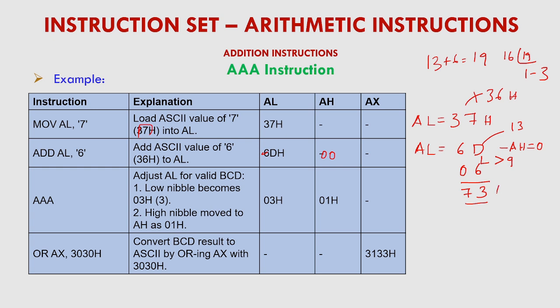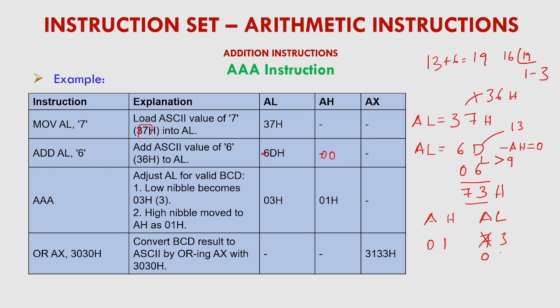Okay, now very important, you can see the lower nibble will become 03. How? The reason is, see, AH AL. After execution of this instruction AAA, AH will be incremented by 1, and in this 73, the upper nibble of the lower byte will become 0, right?